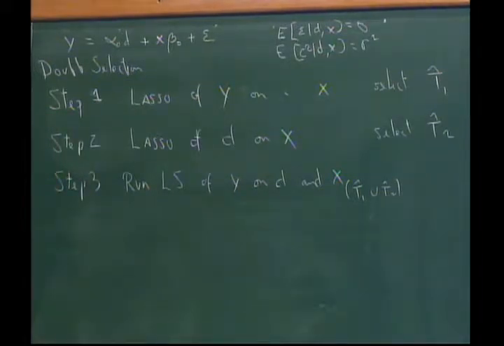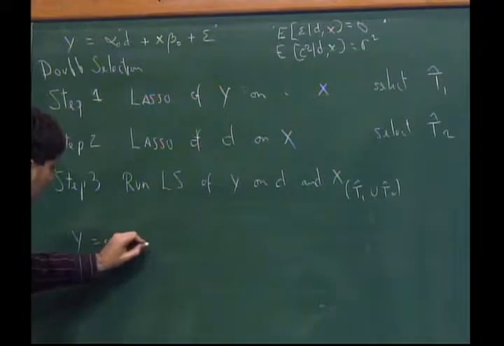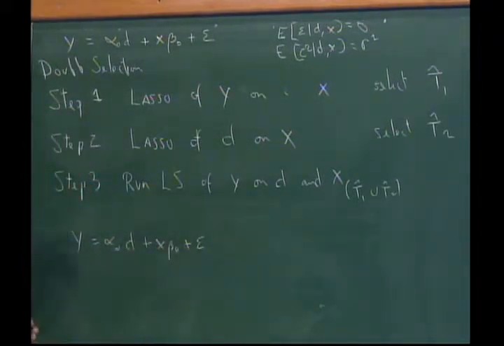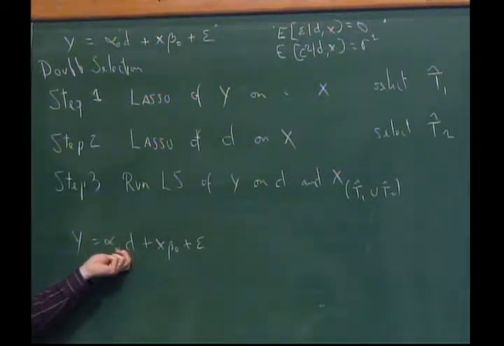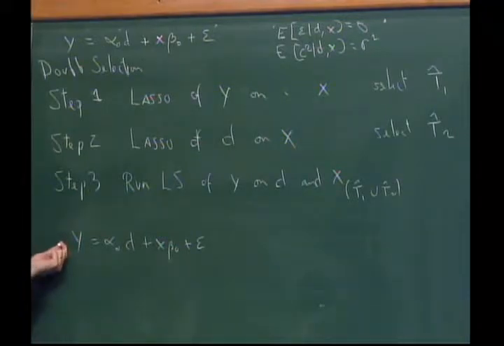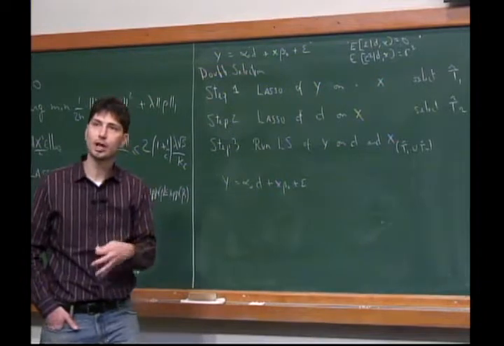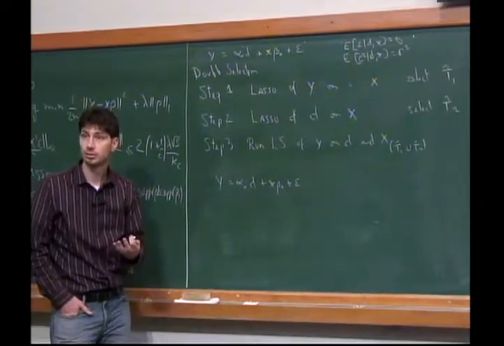What's the intuition behind this? So we have our first equation, right? What we're not exploiting by doing model selection here is the fact that we really care about the treatment. Model selection for this equation, which is Lasso, adaptive Lasso, SCAD, all these methods, were really envisioned for prediction.